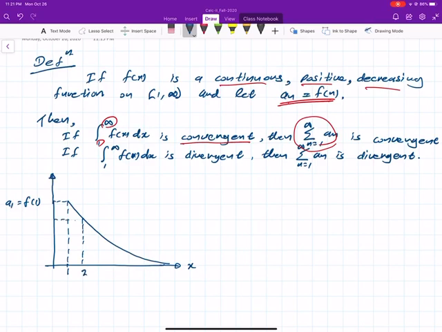Here you have f of 2 which is a2 and so on. Let's say this is 3 and then this is f of 3 which equals a3, like that, right? So this explains a nice relationship between the series and the function. All right, so this is the integral test. You can understand this test once you do a problem.